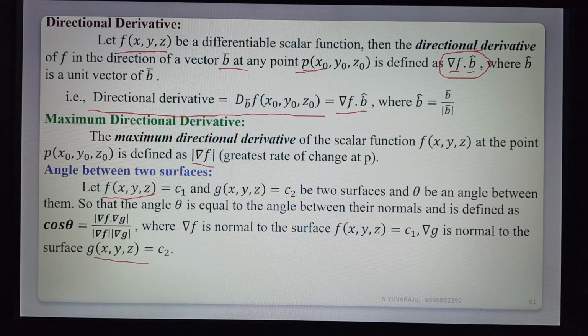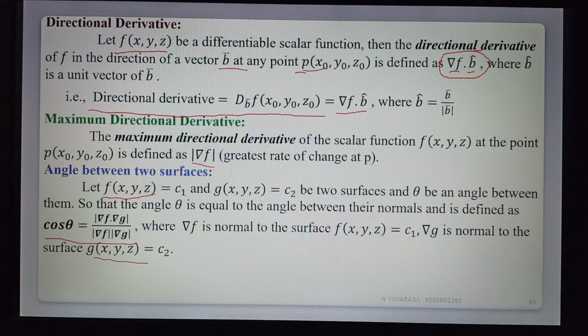To find the angle between two surfaces intersecting at some point, there is no direct way. First, find the normal vectors to the given surfaces; then the angle between their normals is equal to the angle between the two surfaces. This is the formula for finding the angle between two surfaces.